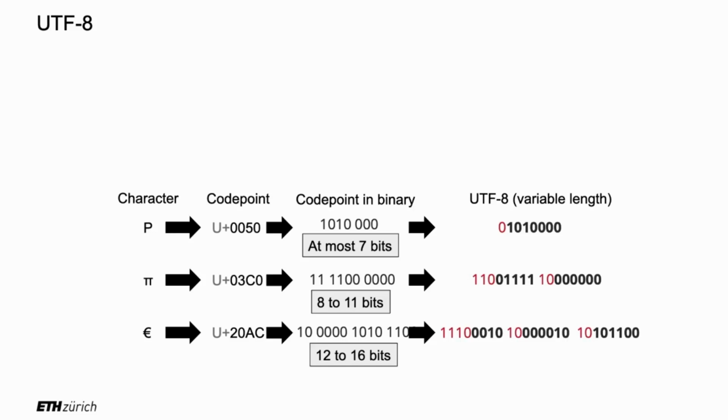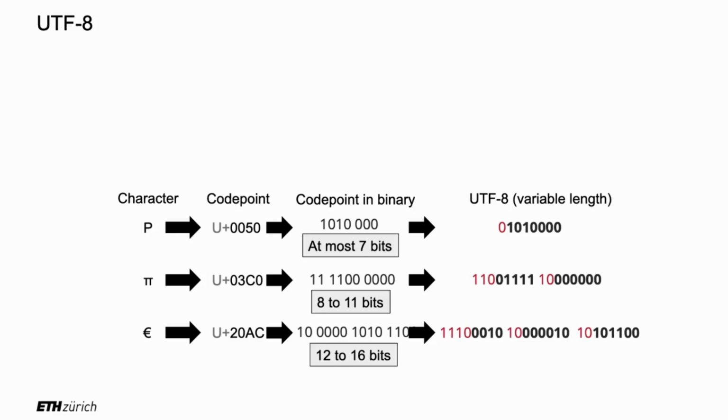But the problem starts when there are special characters and you still try to open it in ASCII when it's in fact UTF-8. This is why you see all the strange symbols appear, because then it's not using the proper decoding. That happens typically when you have letters that are in the Unicode catalog much further down, where the number in the catalog would require 8 to 11 bits in base 2. Let's say that's the case of the Greek letter pi.